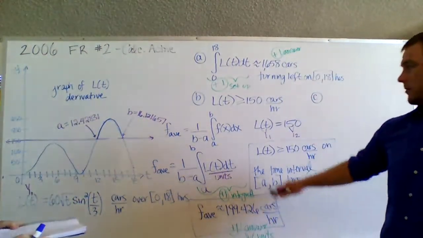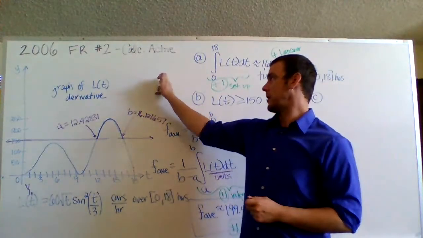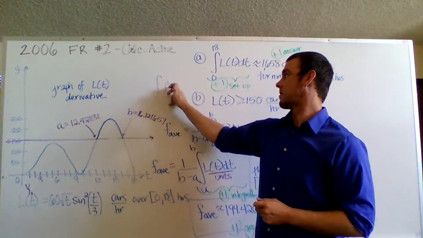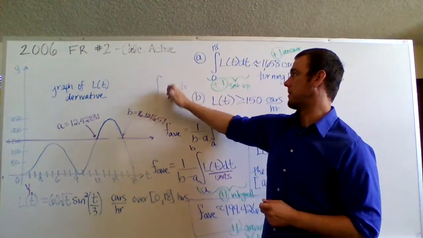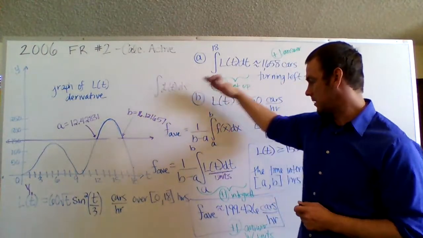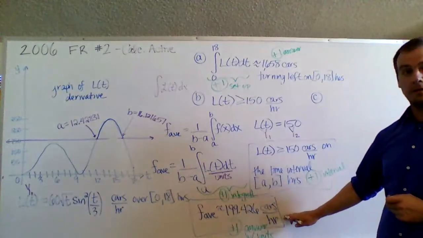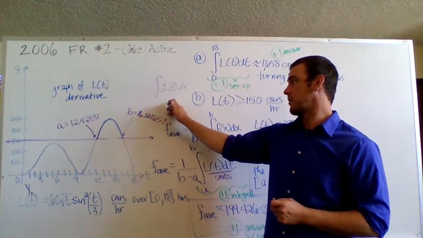I just want to spend another minute here on finding our units, guys. So when you integrate f of x dx, f of x is supposed to be L of t here. The units for L of t were cars per hour, right? So when we integrate cars per hour, that turns into cars.